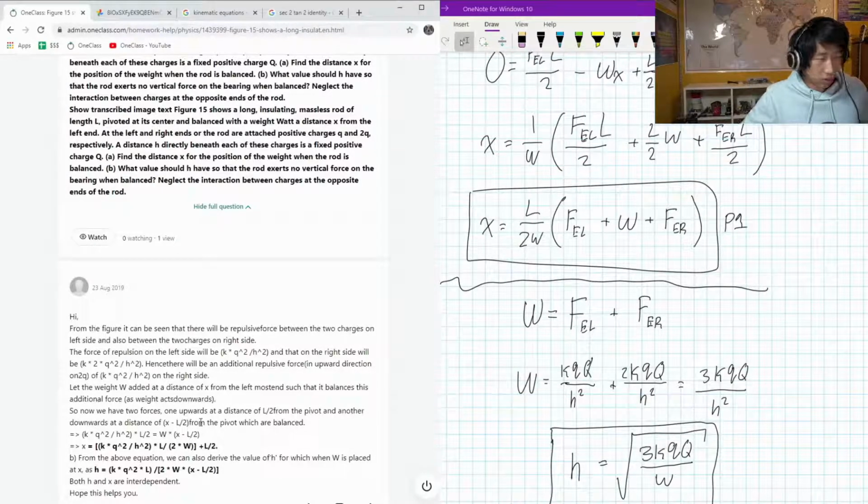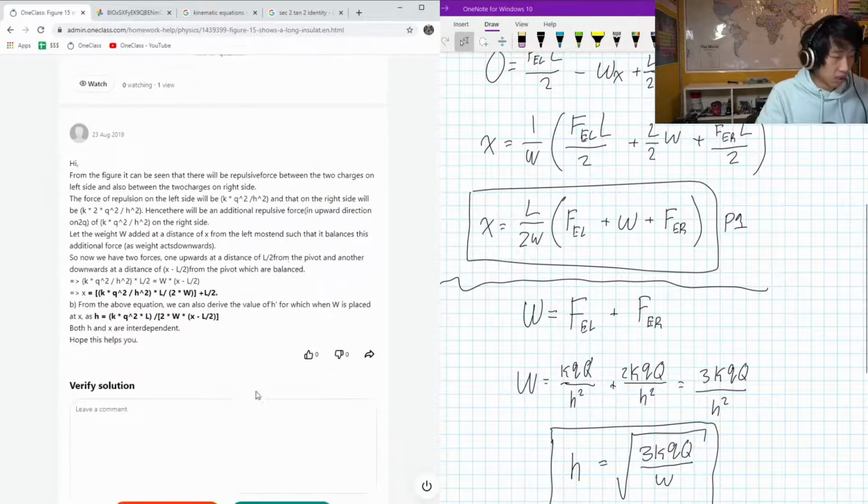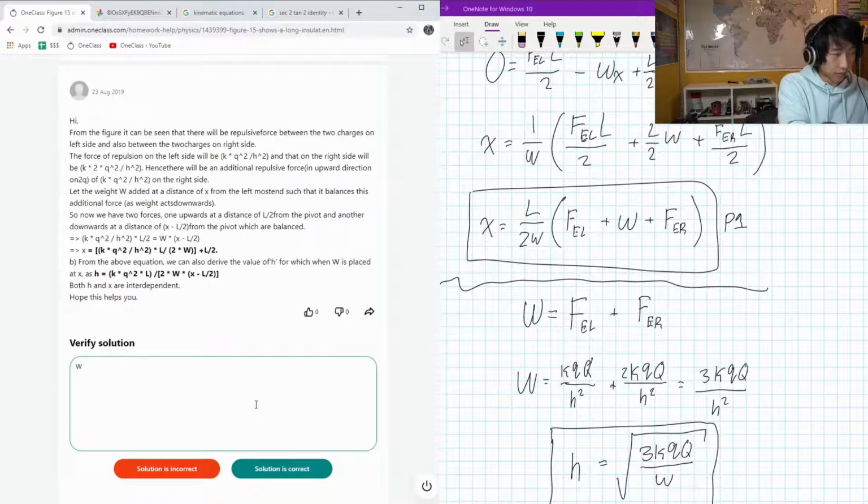Okay, cool. Using moments, or finding the moment, about the center of the bar.